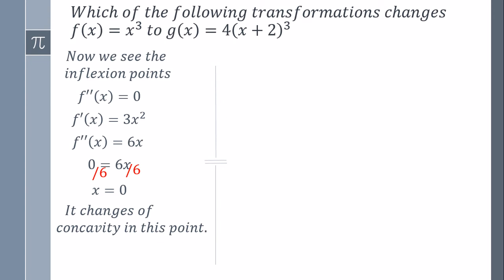Afterwards, I'm going to see the concavity of this function. When the second derivative is larger than 0, I say the function is convex. Since this is the second derivative, when x is positive, it is going to be positive, so the function is convex.